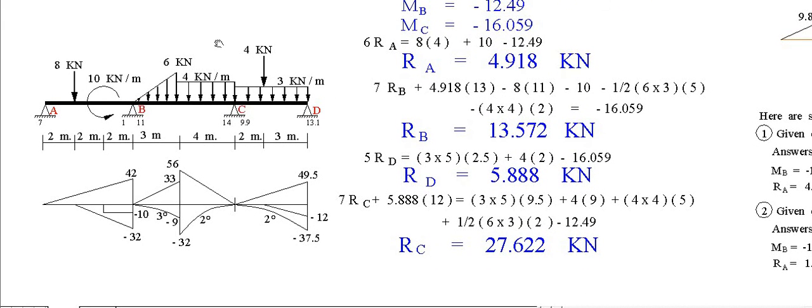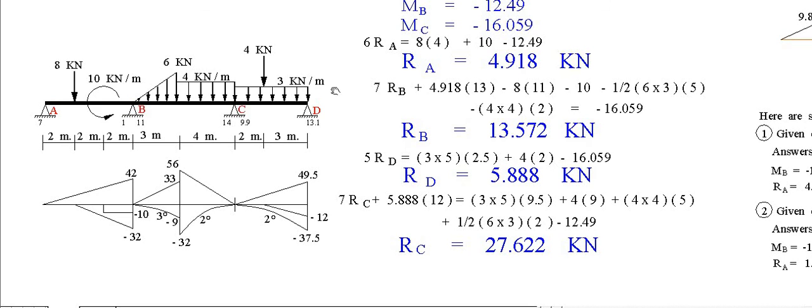Solving for RD, when you cut the section on the right of C or CD, there appears here a moment of C. So we consider the CD. Solving for RD, RD times 5 is equal to, this is counterclockwise, equal to clockwise 3 times 5 times 2.5, centroid of 5, then plus 4 times 2, and we have the moment at C as minus 16.059.